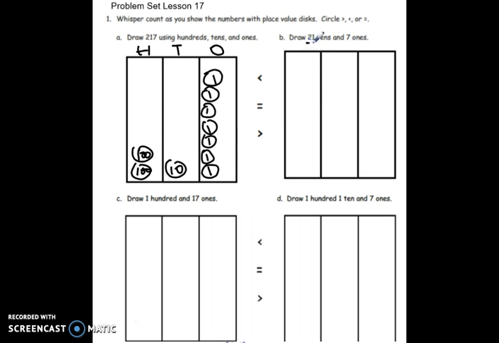Now I'm going to draw 21 tens and 7 ones. So let's draw 21 tens.